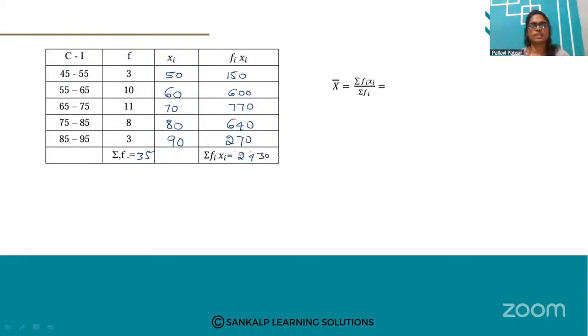Okay. So using the direct method formula to calculate mean, summation fi xi, 2430, divided by summation fi, 35. So this is equal to 69.42. So therefore the mean of the given data is 69.42.